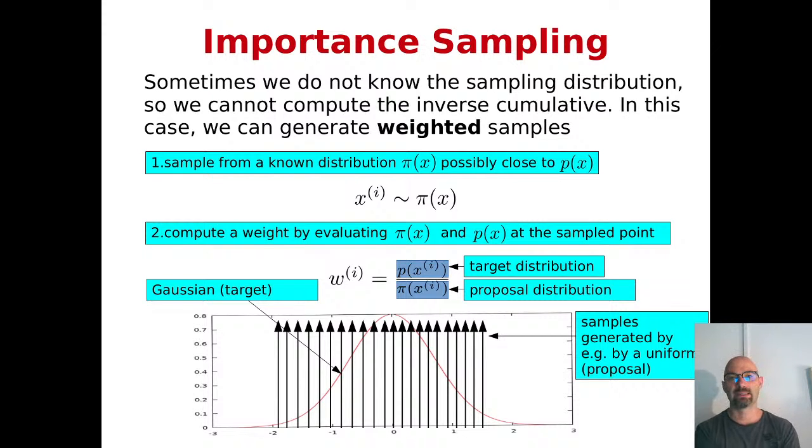Now, what happens if we would like to sample from this distribution, continuous or discrete? I recall we are able to evaluate pointwise the distribution P of x.